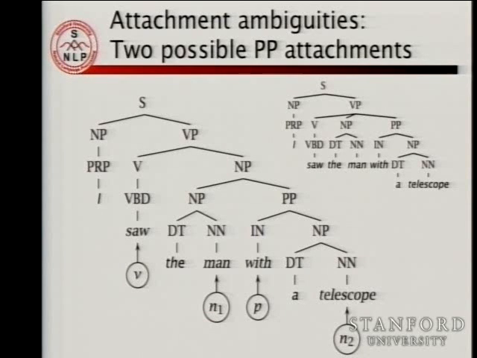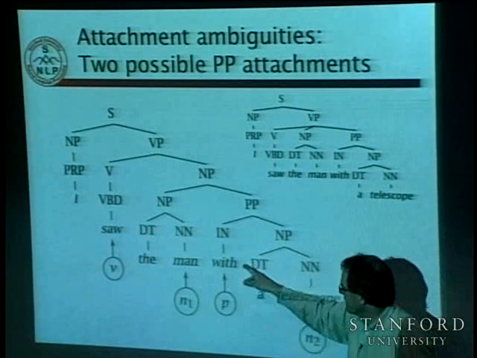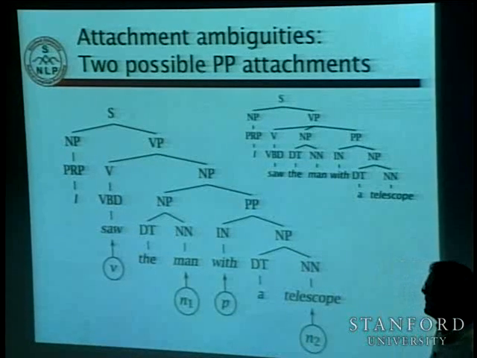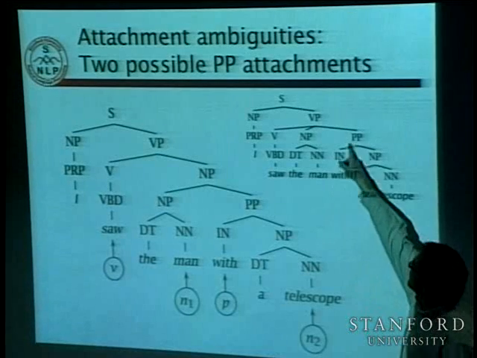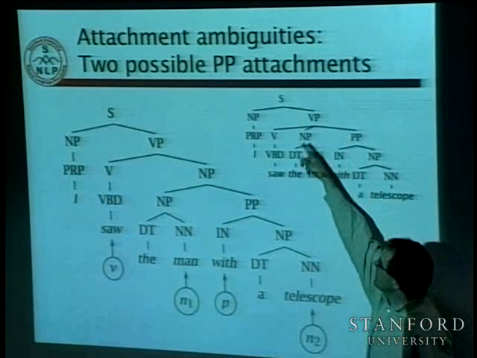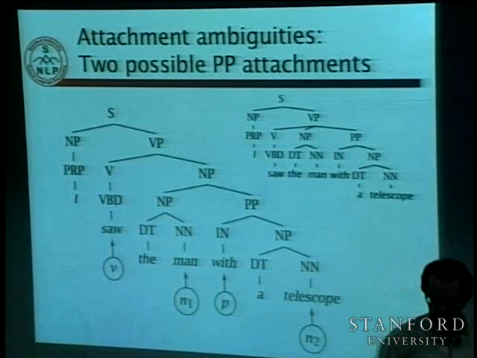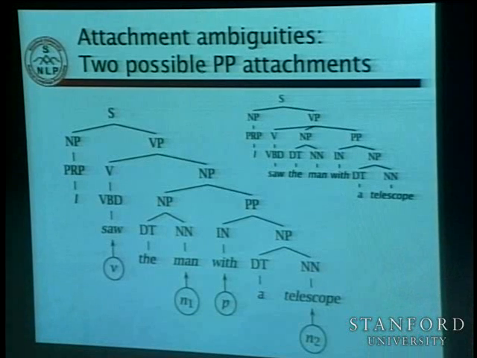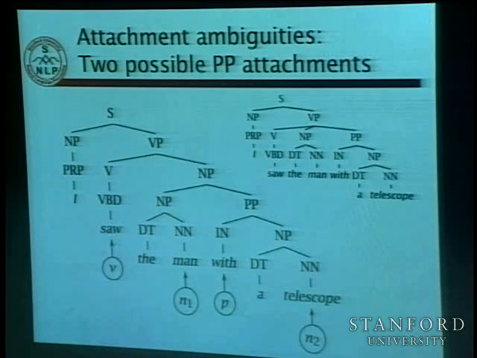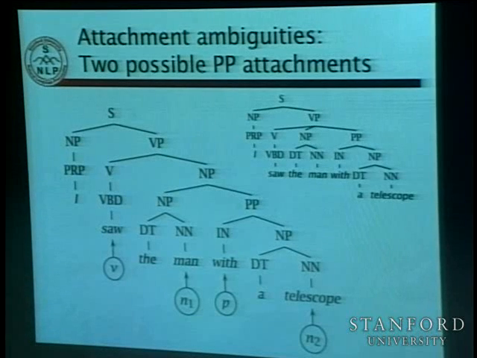One in which we're building this big noun phrase, "the man with the telescope", where "with a telescope" is modifying "man", and the other one in which "with the telescope" is under the verb phrase and is modifying the verb. So it's that choice of what "with a telescope" modifies which is essentially the key parsing decision that we have to make.